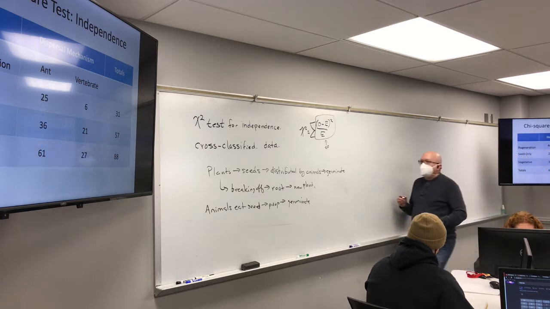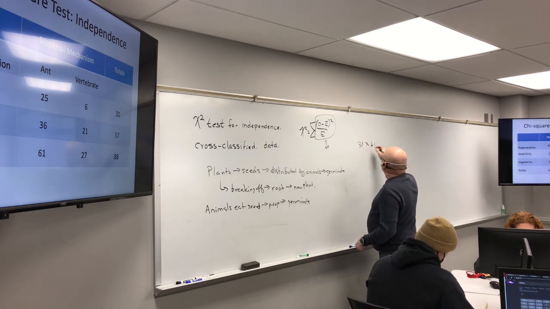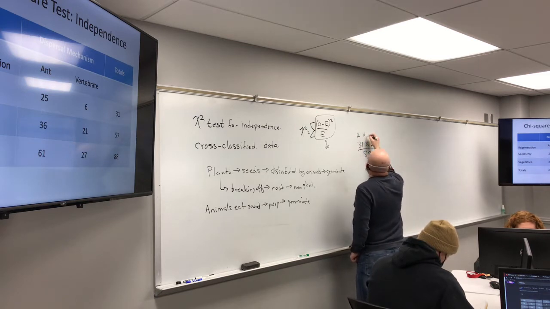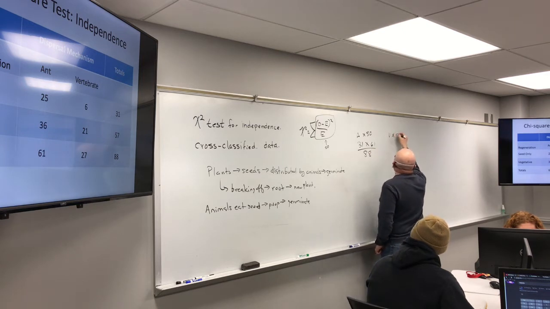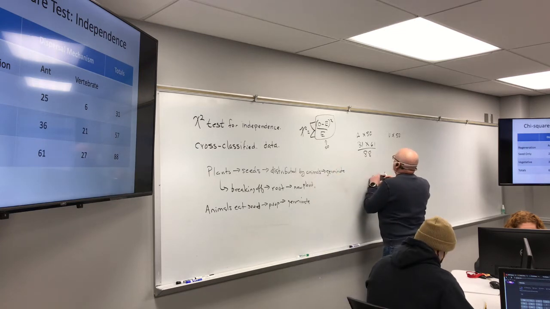So that would be 31 times 61 divided by 88, and this would be what we would get for ant by seed only. For vertebrate by seed only, we would take not 6, we would take 31 times 27 divided by 88.